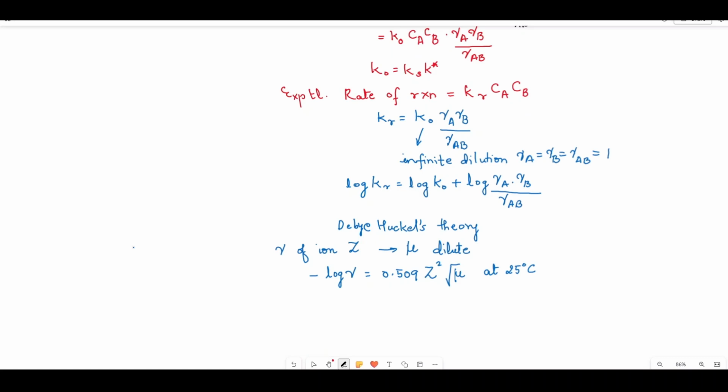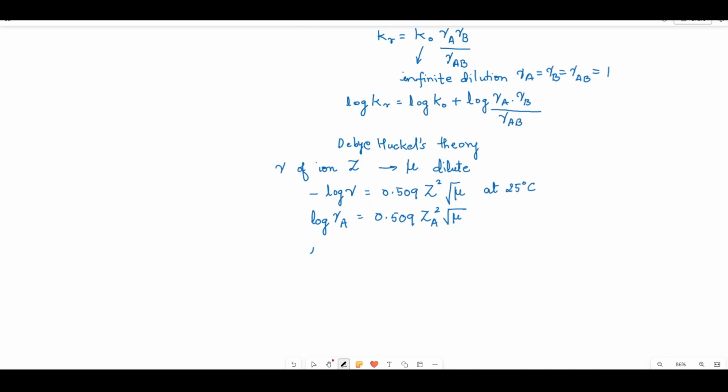So, for A, B and AB, the above expression can now be represented as log of gamma A is equal to 0.509 ZA square under root of mu.